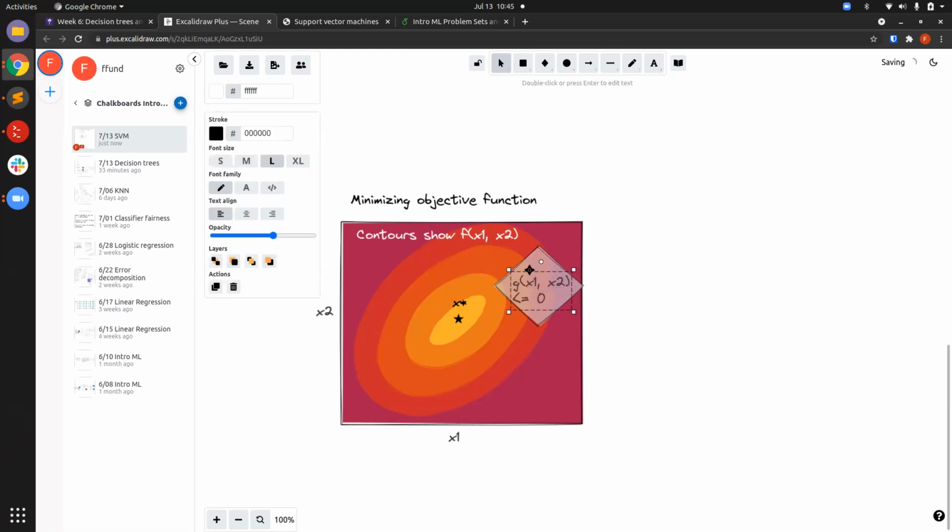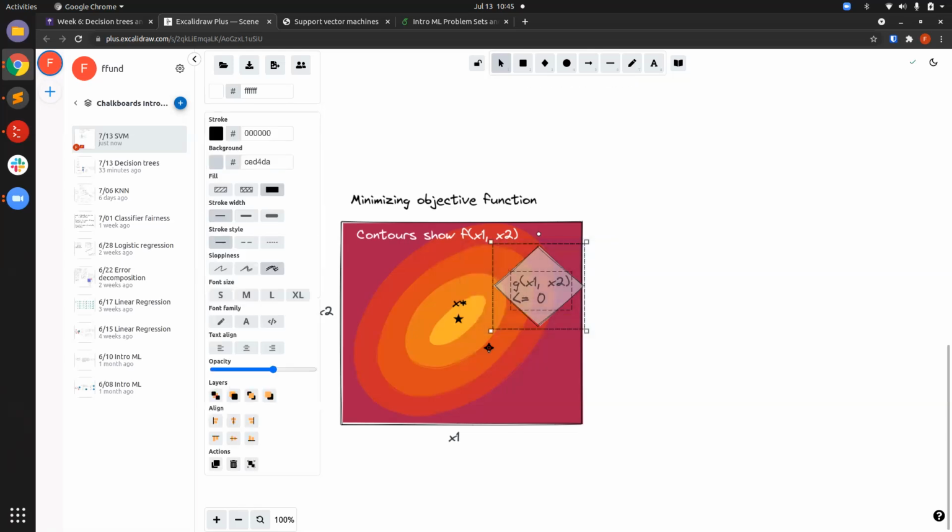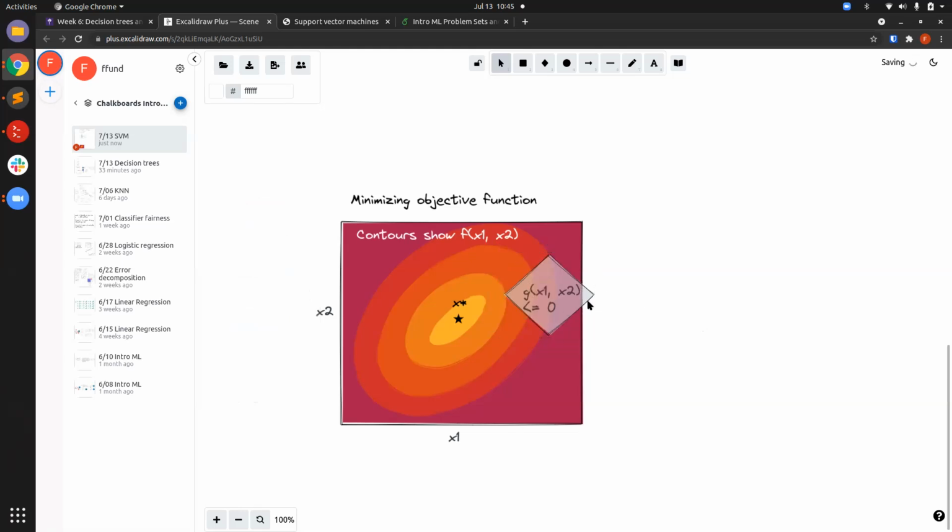Let's say that this square defines a region where g of x is less than or equal to 0. This square here is what's called the feasible set. So my solution has to be somewhere in the square.